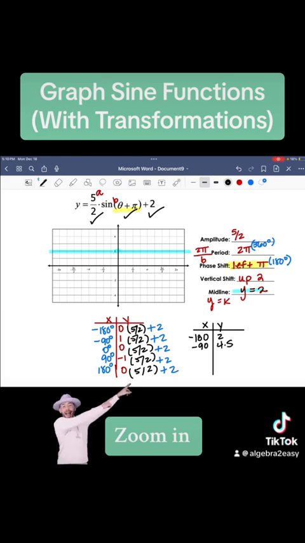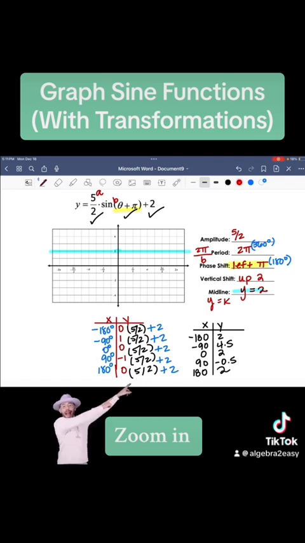That's 4.5. 0. We have 0 again times 5 over 2 plus 2. That's going to be 2. We have 90. We have negative 1 times 5 over 2 plus 2, and that's negative 0.5. Last, 180. We have 0 times 5 over 2 plus 2. That's just going to be 2.